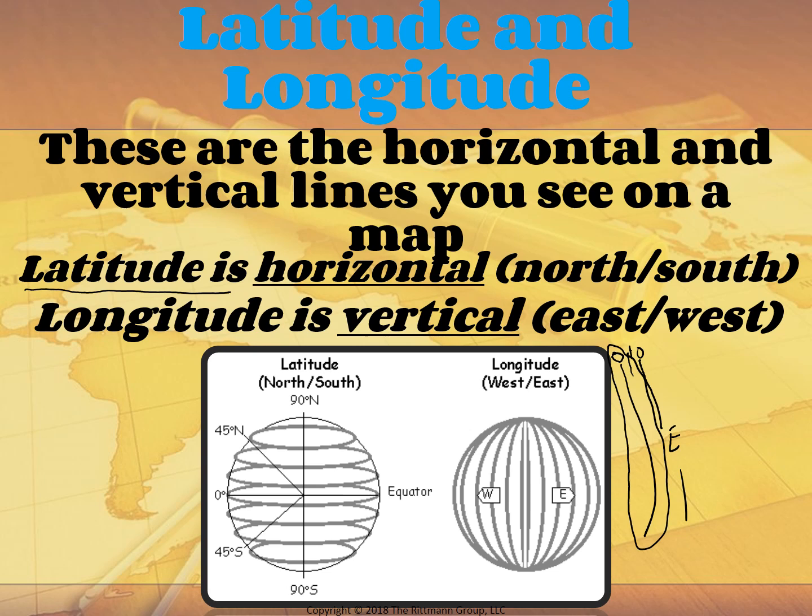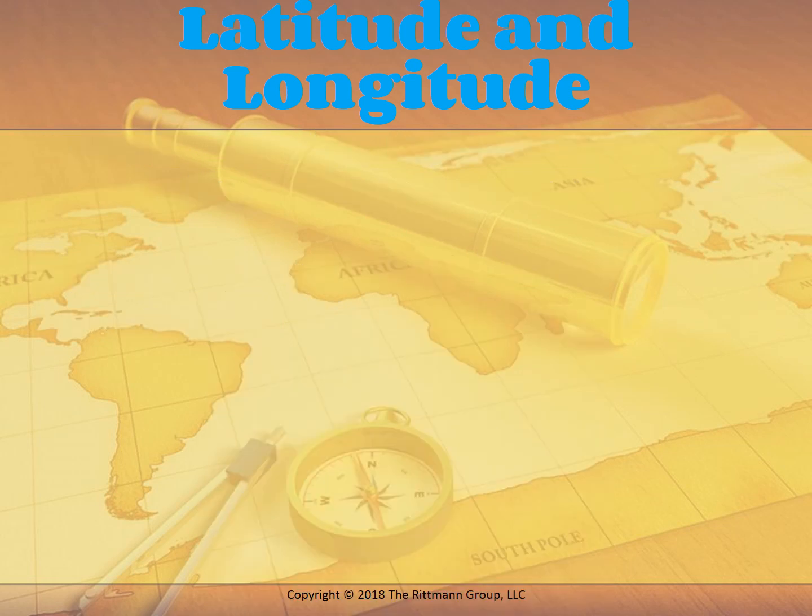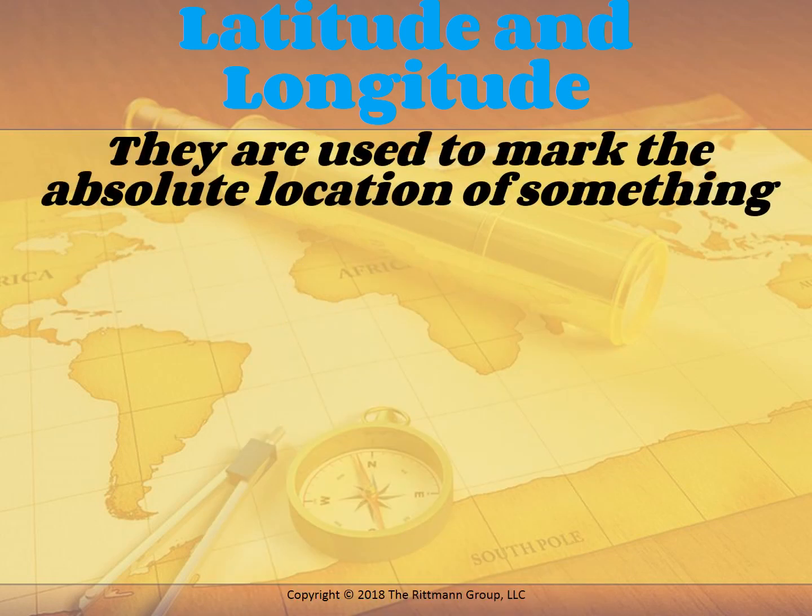So this illustration shows what I just drew. Latitude, north and south, measures north and south distances. And longitude measures east and west. They are used to mark the absolute location of something, and they are very, very specific.